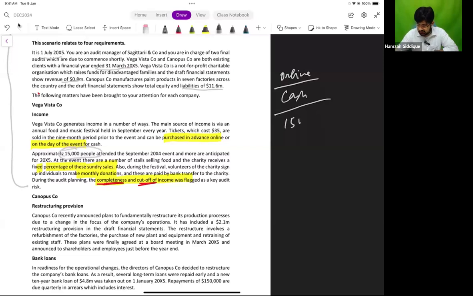So the third thing is 15,000. And online they can purchase in advance, 9 months prior in the previous year. For next year, tickets will be sold this year. This is a cut-off issue. 9 months prior. Cut-off issue. When they are purchasing advance tickets, that cannot be recorded as revenue for the year.